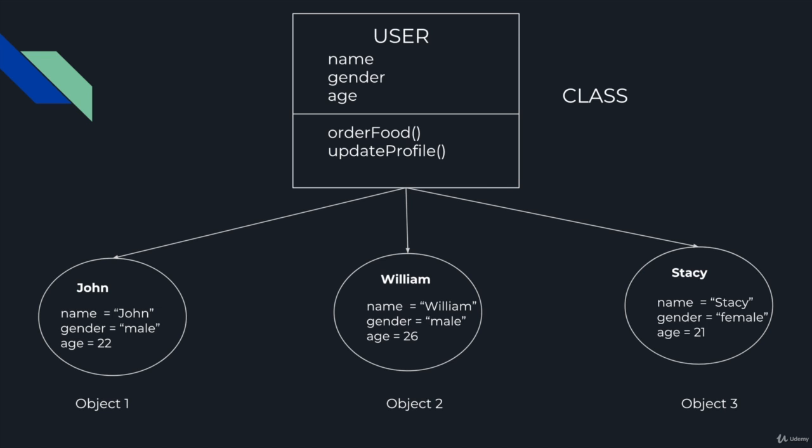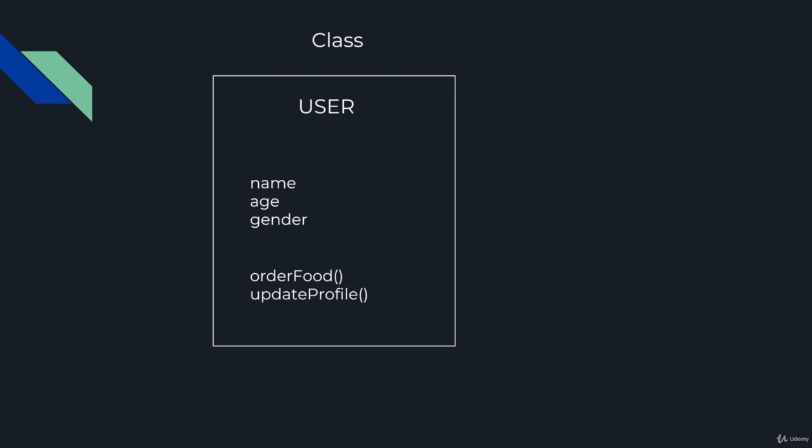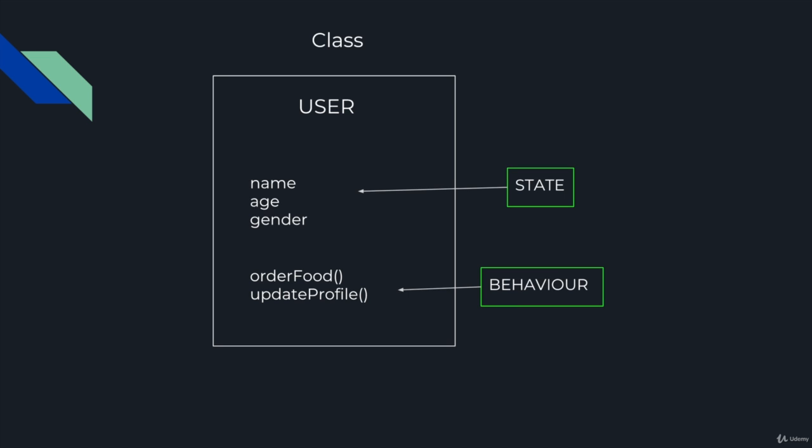Now let's take a look at the user class. This is what a user class will look like, and you can see the states and the behavior defined. The states can be defined using variables. So a class uses variables to define the state for an object, and behavior is defined using a method.